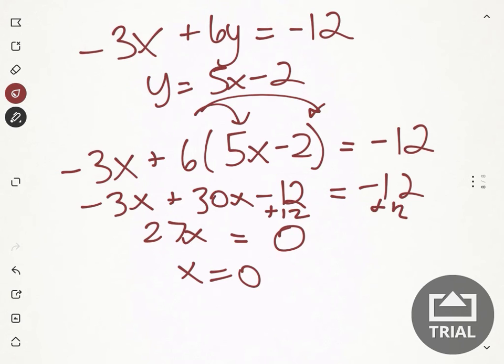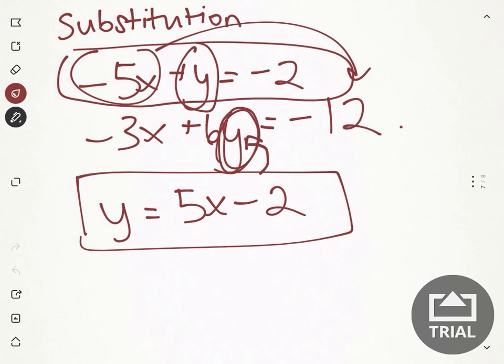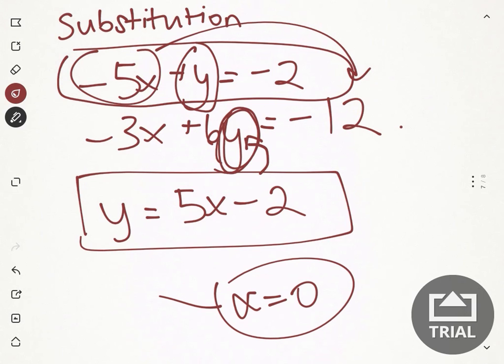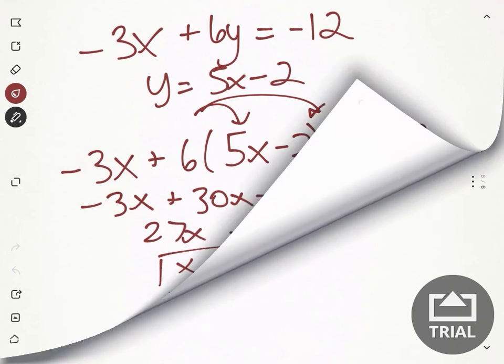Same thing as we did with elimination. Now that we have one variable, we can just plug that in to one of our equations from before. So let's see, we have x equals 0, and I'm going to plug this in to our first equation. First equation was -5x plus y equals -2. We found out that x equals 0.